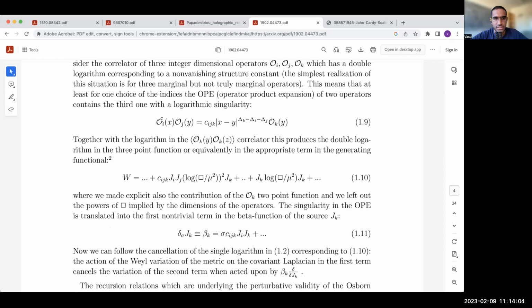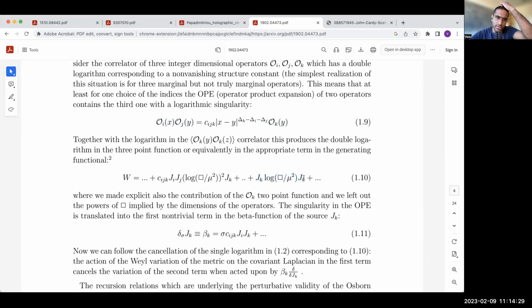If we take just this fact into account and think about how we would actually write the generating function, then we would see that we have to include the singular behavior of the OPE in both the 3- and 2-point functions. In the 2-point function, we need to know what to do when these two get very close to each other, because we're doing these double integrations, and that's going to give us a term that looks like this.